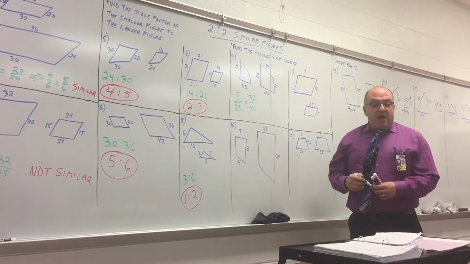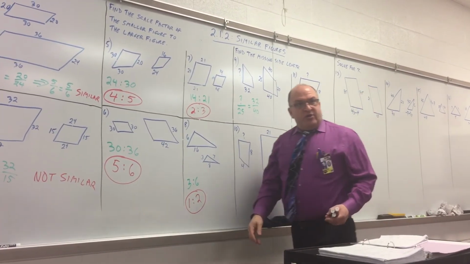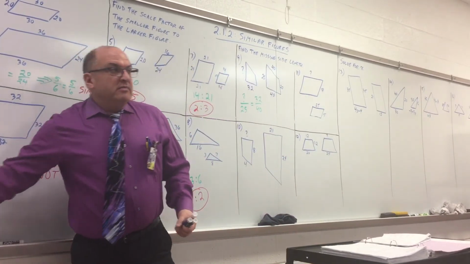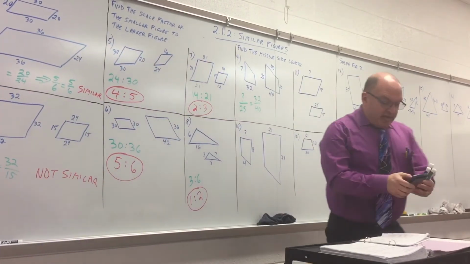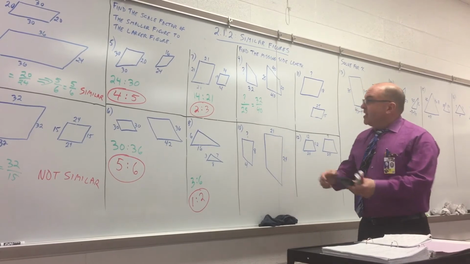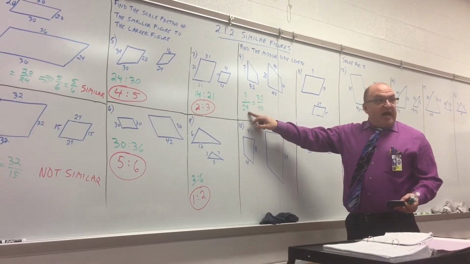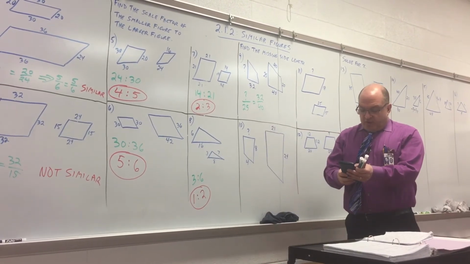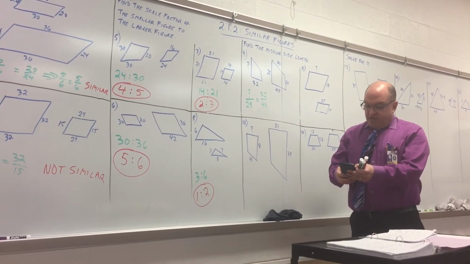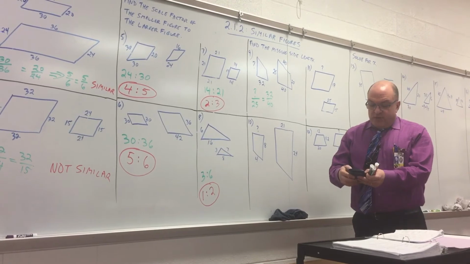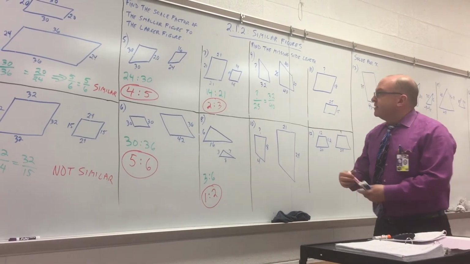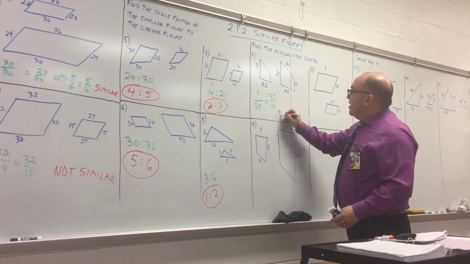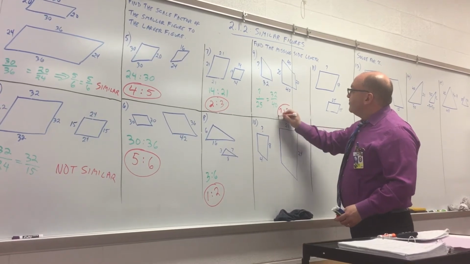So now I want you to use your calculator. You can use any calculator for this. I want you to do 25 times 32 divided by 40, boom, 20. Answer, done. Question mark equals 20.